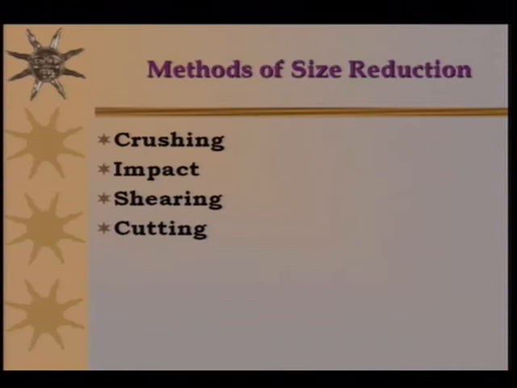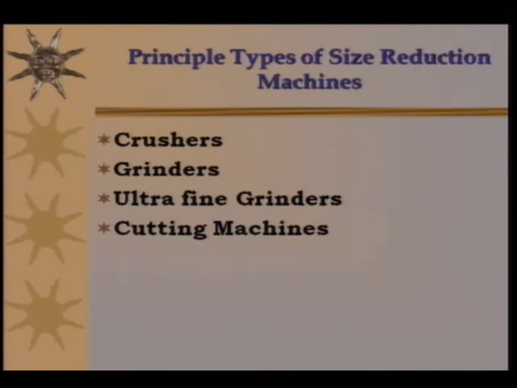Now there are various methods of size reduction. I have put them into 4 categories. First is crushing, the second is impact, the third is shearing, and the fourth one is cutting. There are principles of size reduction machines. Now you see, all these size reduction unit operations can be carried out on different machines.